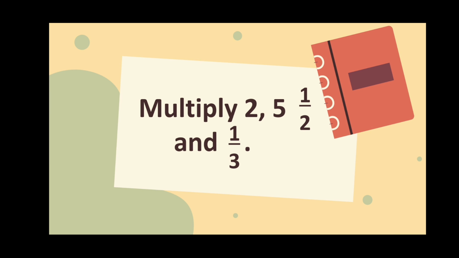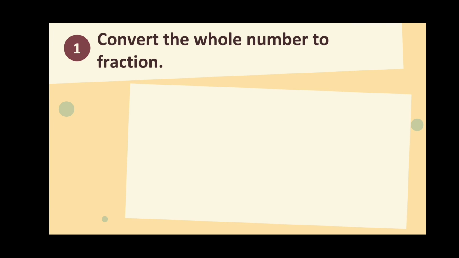For the first example, multiply 2, 5 and 1/2, and 1/3. So, as you can see, 1/3 lang ang ating naka-fractional form dahil siya lang ang may numerator and denominator. So, ang 2 ay whole number and then yung 5 and 1/2 ay mixed form. So, what are we going to do here? First, we need to convert whole number to fraction.